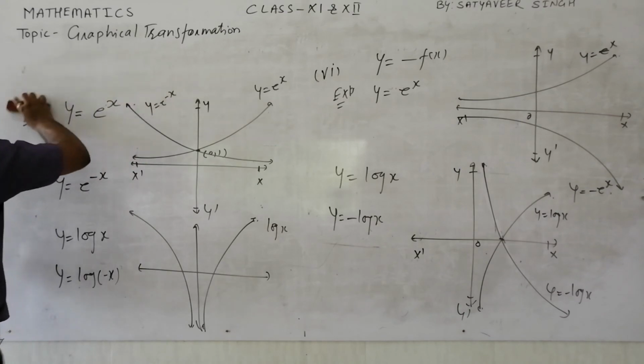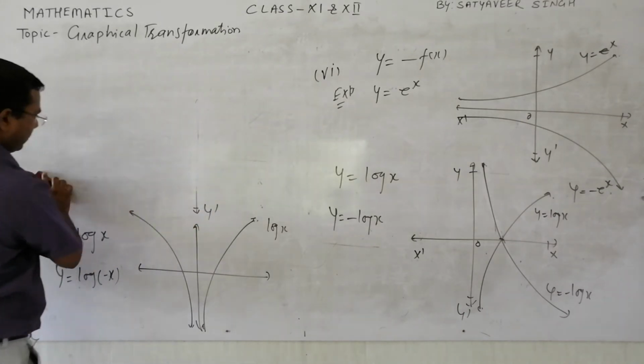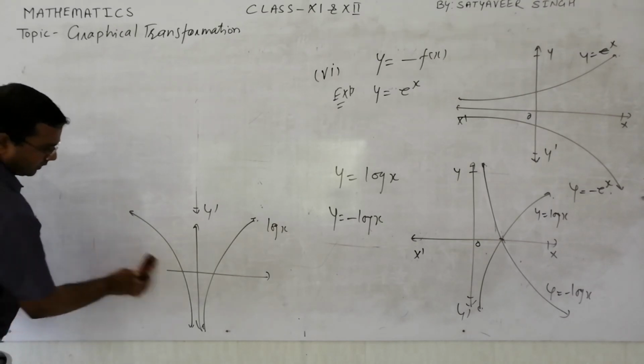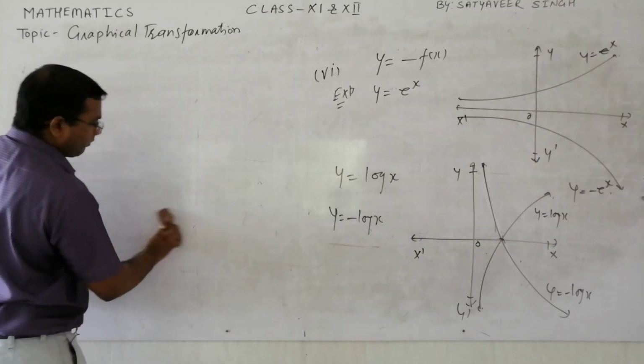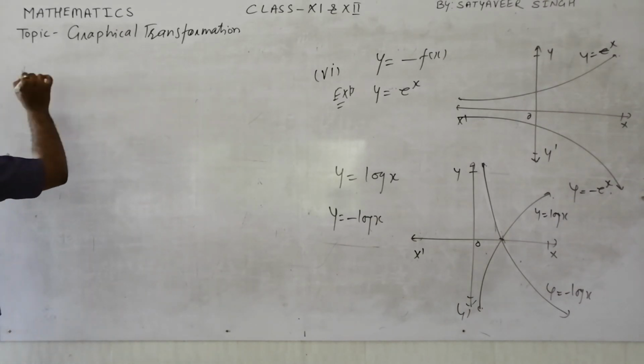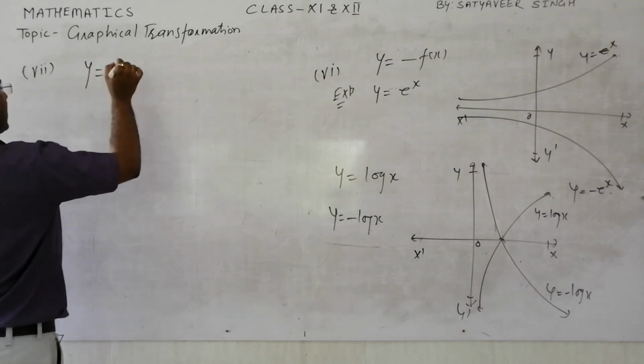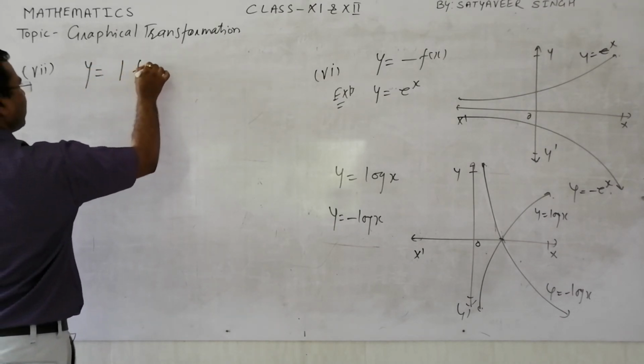Let us see one more very useful thing, and we also use this many times. See students, what happens? This is very important. If y is equal to, maybe I am writing, modulus f of x.